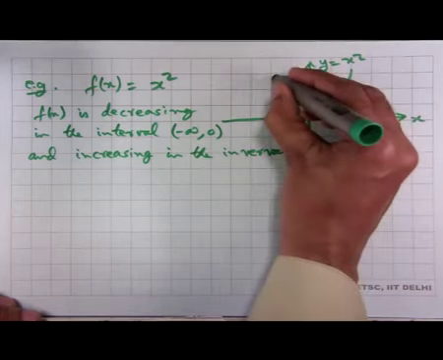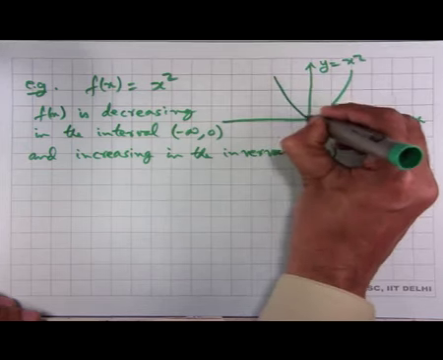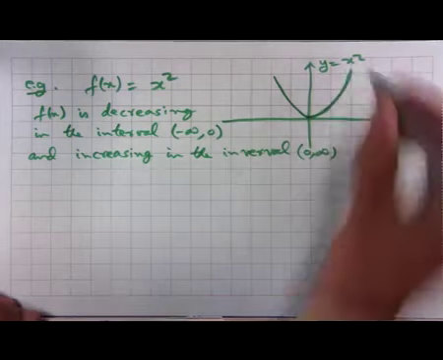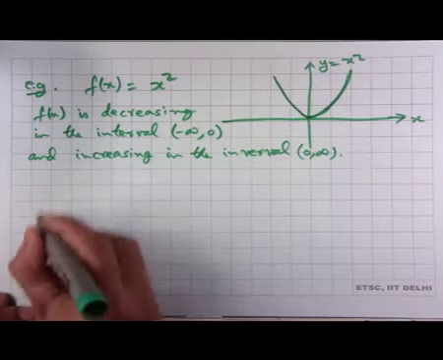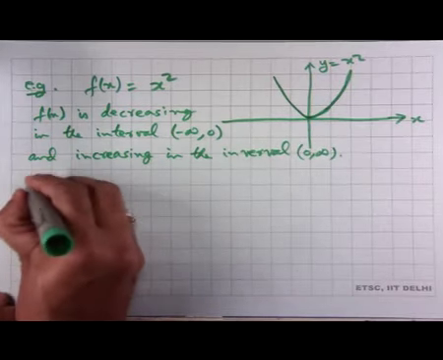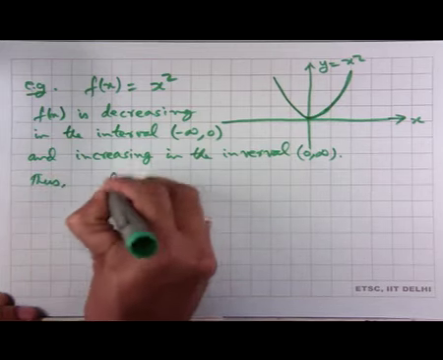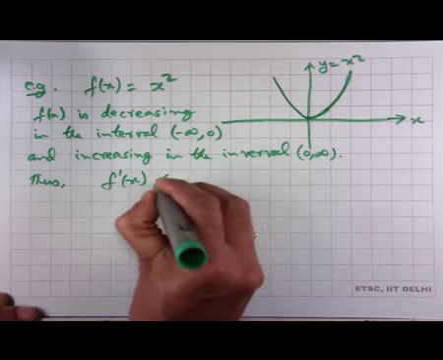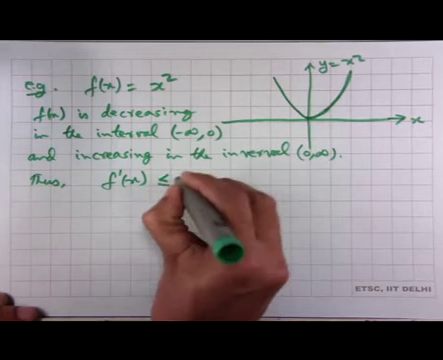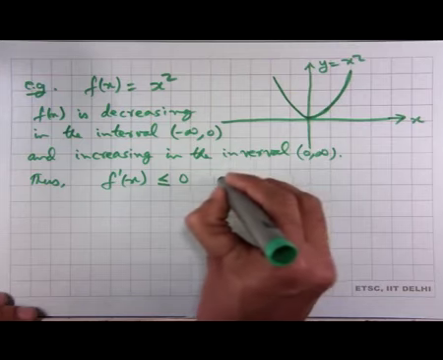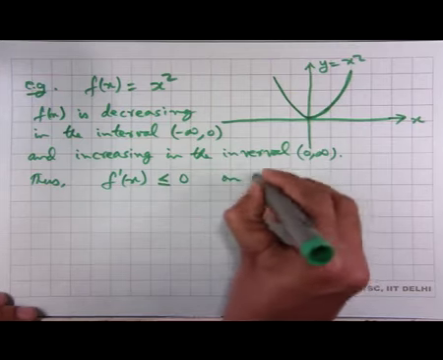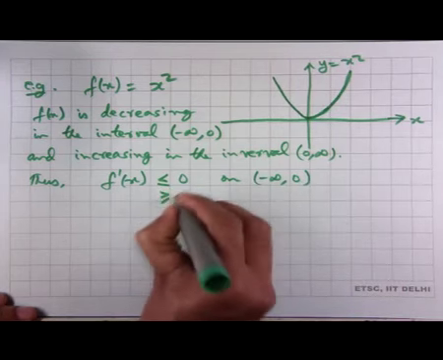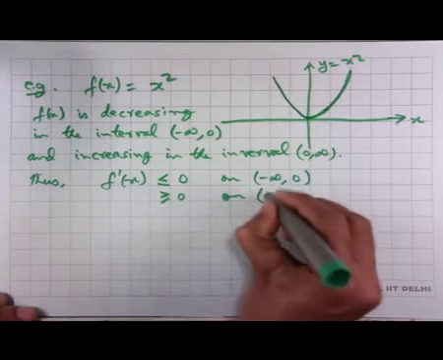The function is decreasing for x negative, and for x positive the function is increasing. So, thus f prime x is less than or equal to 0 on minus infinity to 0, and this is greater than or equal to 0 on 0 to infinity.